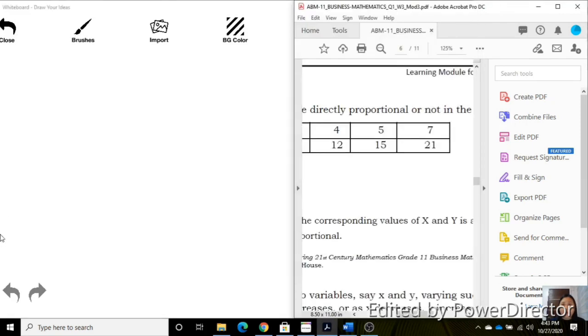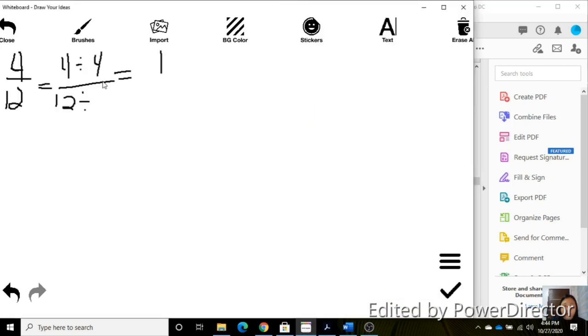So, tingnan natin. Sa 4 is to 12. So, 4 divided by 4, we have 1. Doon pa lang malalaman mo na 1 na siya. 12 divided by 4, we have 3.